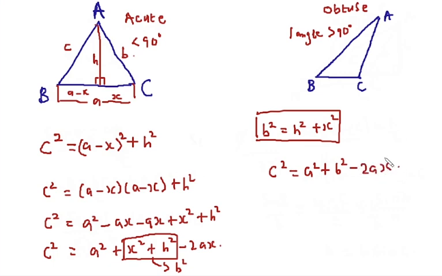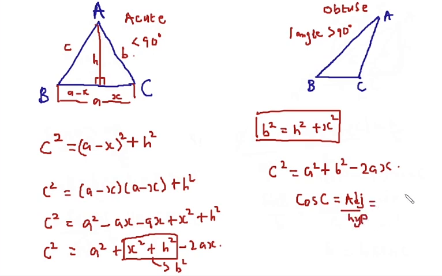To get the value of X, because we're working with a right angle triangle in this case, you can use SOHCAHTOA. So to get the value of X, we'll say cos C is equal to the adjacent over the hypotenuse.